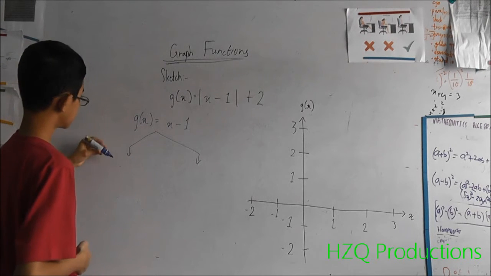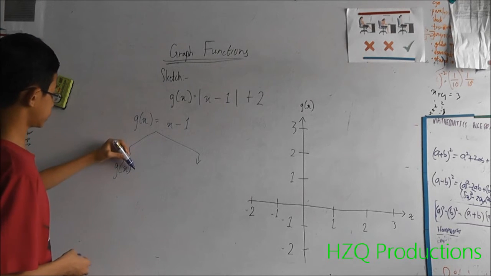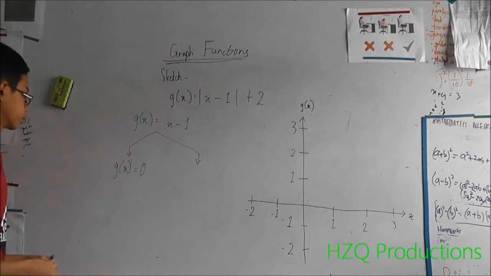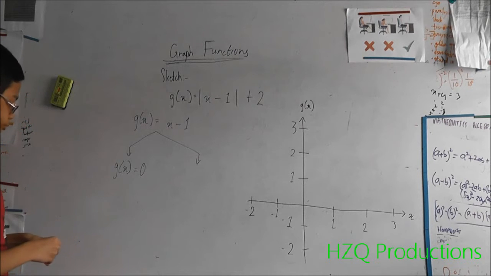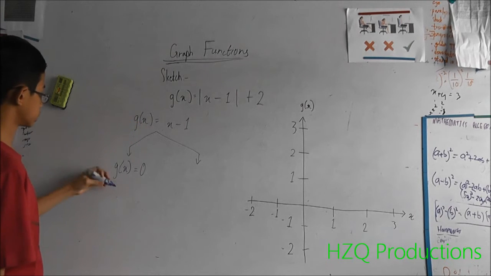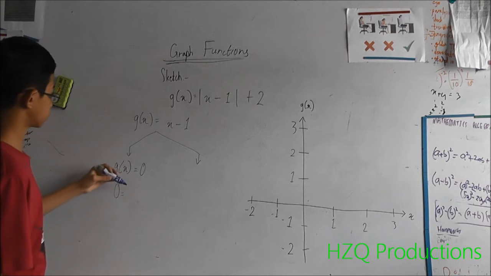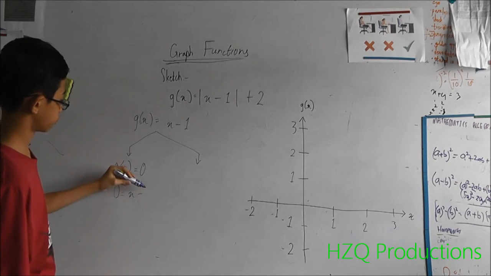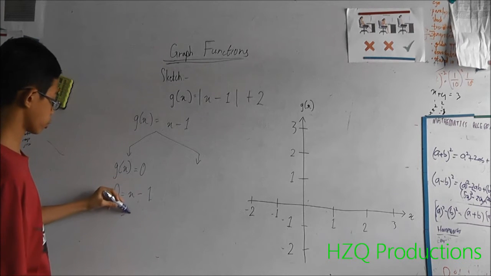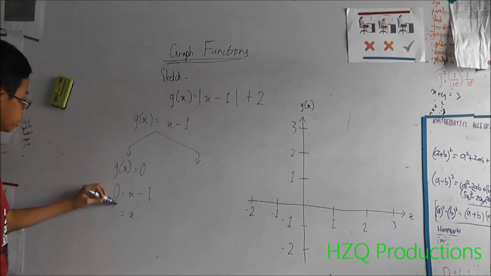Now g(x), let's make g(x) 0. With that value of g(x) 0, I'm going to substitute 0 equals x minus 1. Therefore x is, what is 0 plus 1? Very easy, like even preschool, 1.